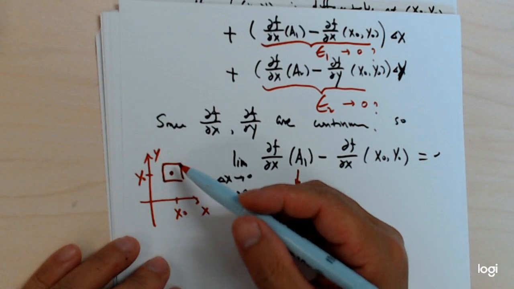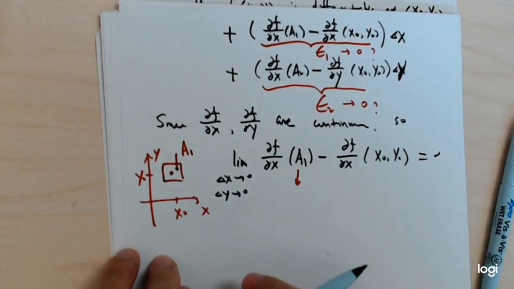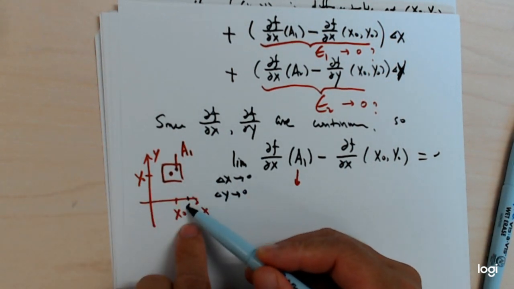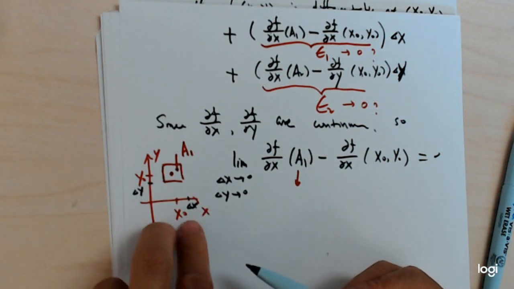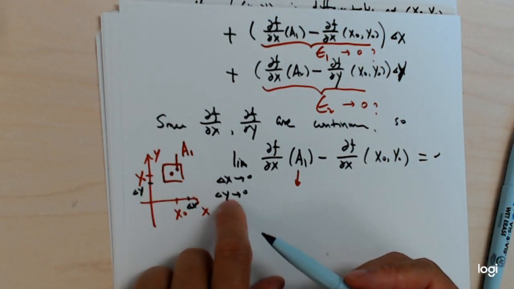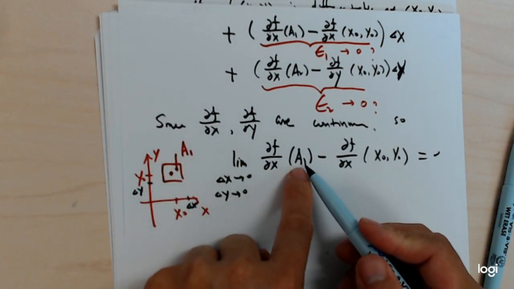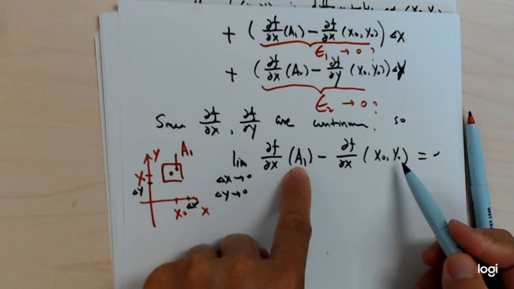A1 is a point inside this neighborhood. As you are shrinking delta x and delta y, so this will be something like delta x, and down here is like delta y, you will push A1, you push this point, and it approaches what? x naught, y naught.